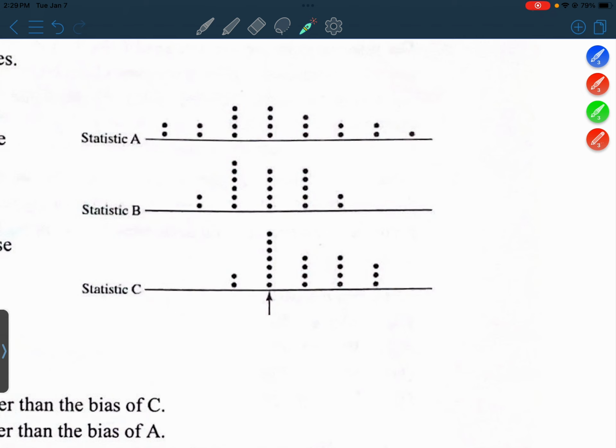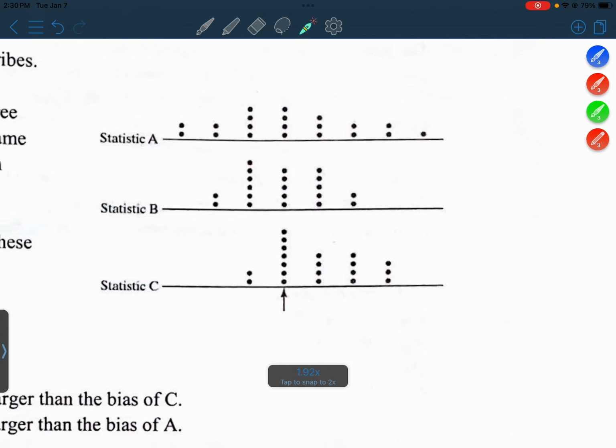So now we can say that this dot here slightly overestimates the true value. This dot over here much more greatly overestimates the true value. This dot slightly underestimates, and all these dots hit the target exactly. They estimate it perfectly.